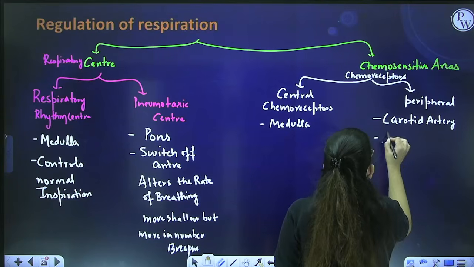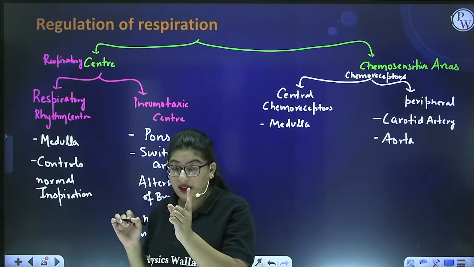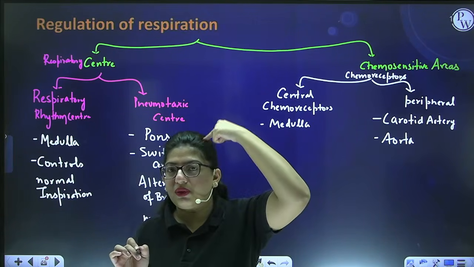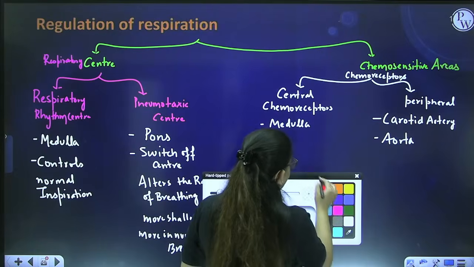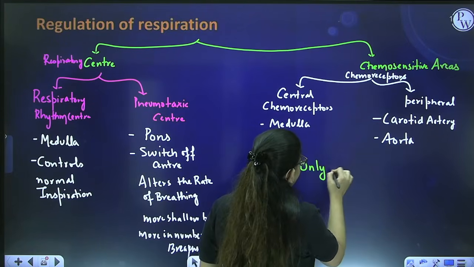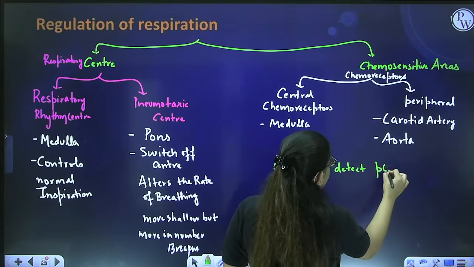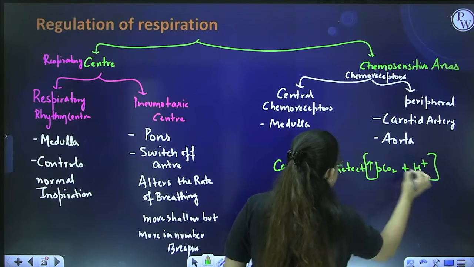You all know what is aorta? The one that takes away the oxygenated blood from the left ventricle. And carotid artery is the artery present over here and it supplies blood to the brain. Fine. So all these chemosensitive areas can only detect increase in concentration of partial pressure of CO2 and H positive ion, mind it.